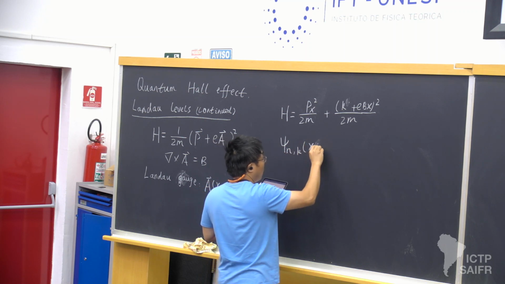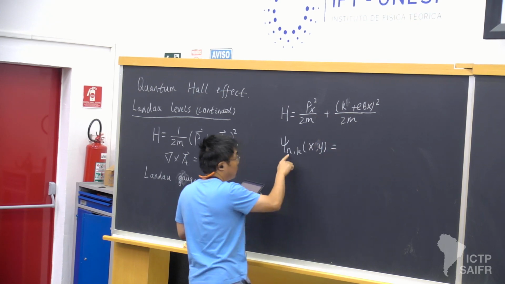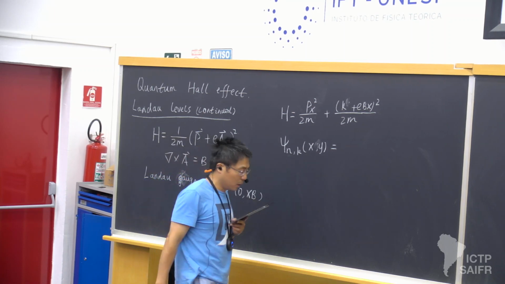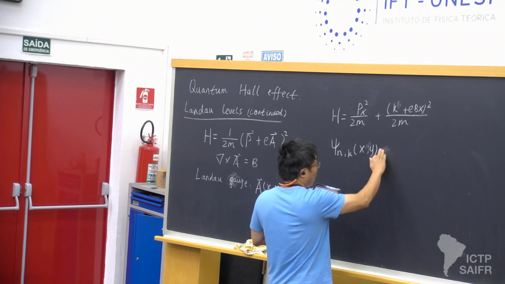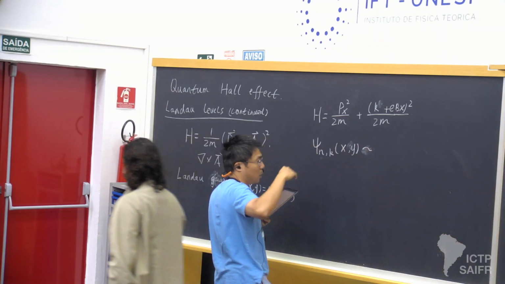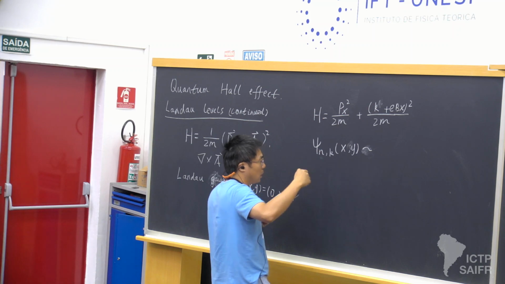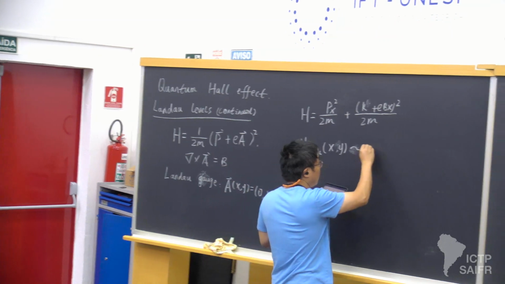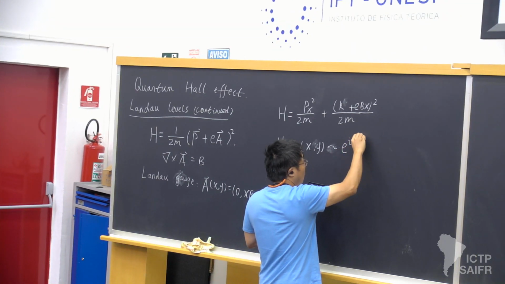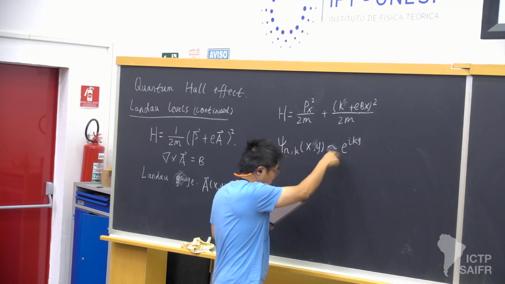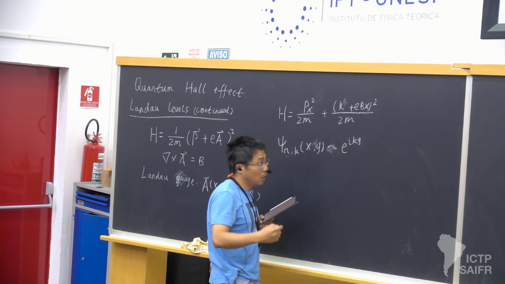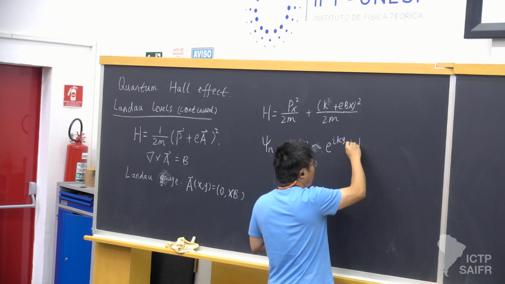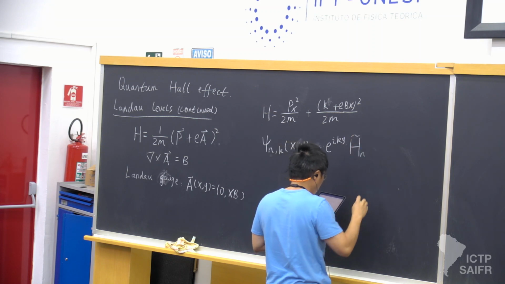Okay, so then the solution of this harmonic oscillator will have two labels. One, this n, is just the label of which level of the harmonic oscillator you are considering, right? And that's also what we call Landau levels, like the nth Landau level. And this k is just that momentum. So then the wave function will be like this. There will be some non-trivial normalization factor, which I will not specify because it's not important for this lecture.